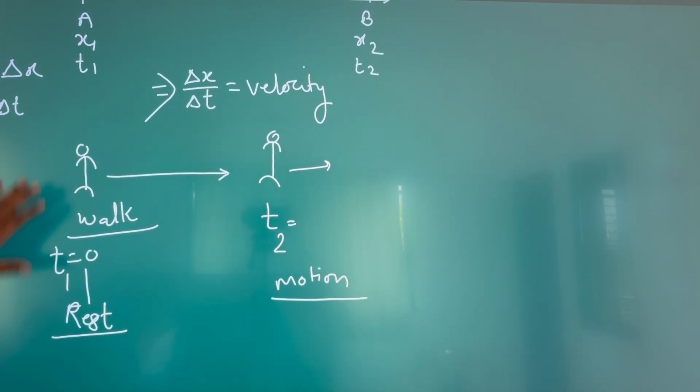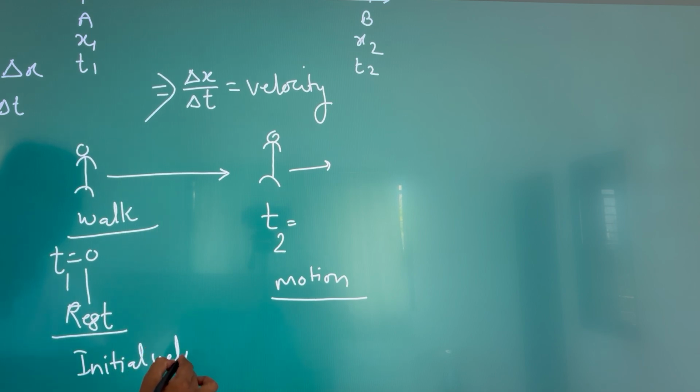If the person starts from rest, the velocity at the start is said to be the initial velocity. Now I am standing, so what is my velocity? 0. So initial velocity is denoted by u.